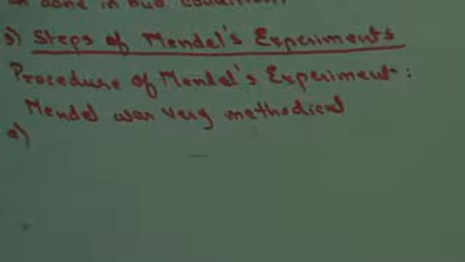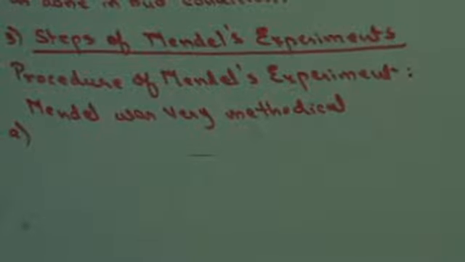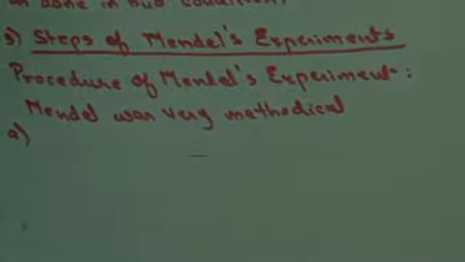pure breeding plants. I have already given you the definition of pure breeding plants, in which both the alleles are similar. They are homozygous.